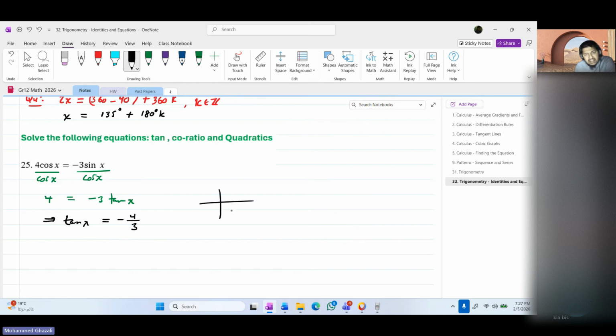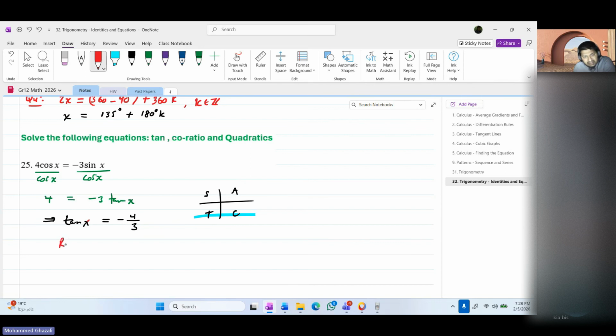Now remember, tan is negative in the second quadrant, especially for tan. Whenever we are solving tan trigonometric equation, we don't look at third and fourth quadrant because the solutions overlap. So you only need one general solution for tan. Only for sine and cos, there's always two. Now we got negative 4 over 3.